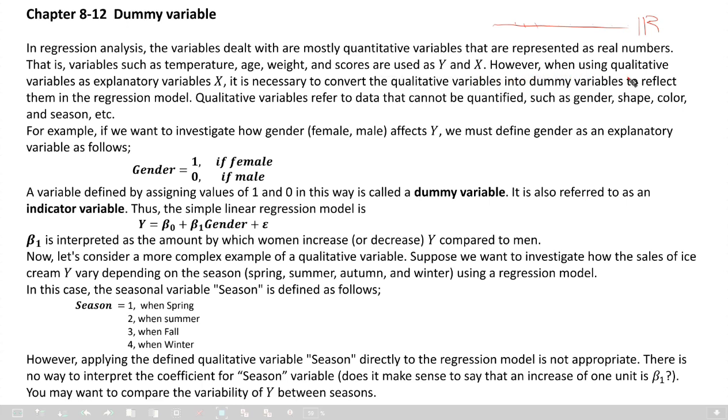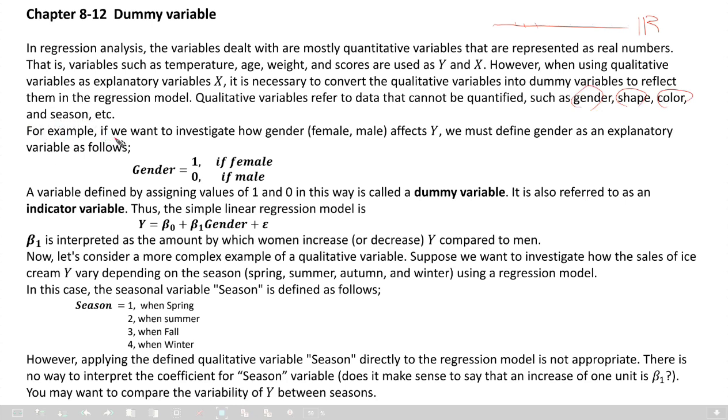However, when using qualitative variables as explanatory variables x, it is necessary to convert the qualitative variables into dummy variables to reflect them in the regression model. Qualitative variables refer to data that cannot be quantified, such as gender, shape, color, and season.